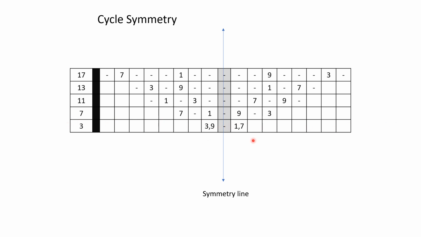That will happen with all combinations of prime cycles. You can keep combining, and you will always have the symmetry line in the middle, and you will always be able to expand to the minimum common multiple in this way and to 0 in this way, and they're going to fit perfectly, no matter how many prime cycles you have. That's why you're always going to have a prime 10 in the middle.